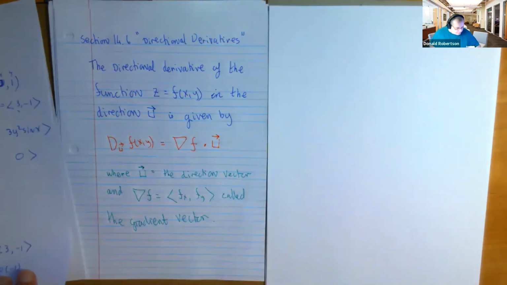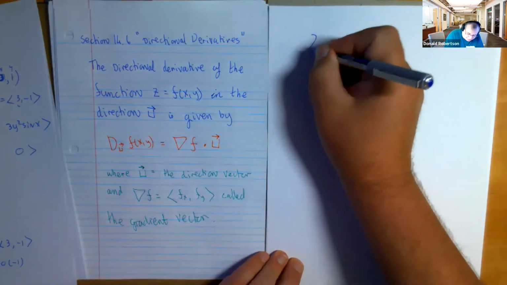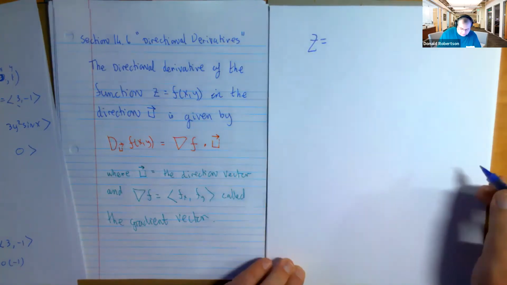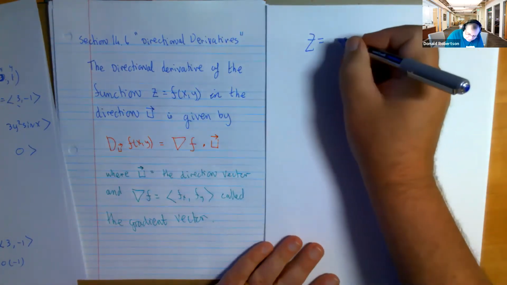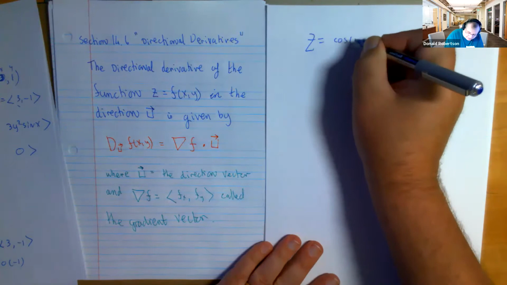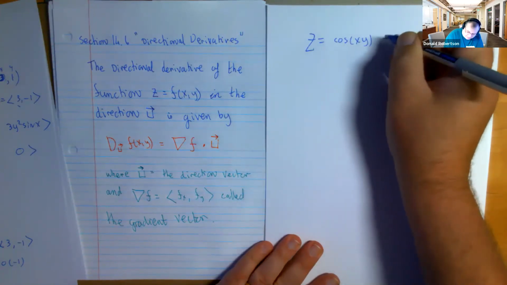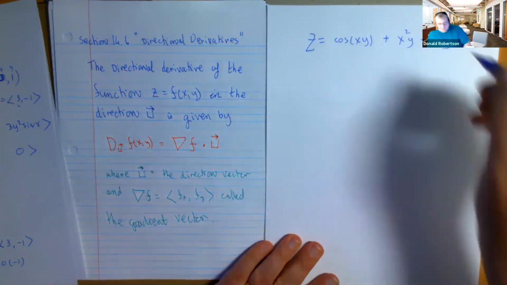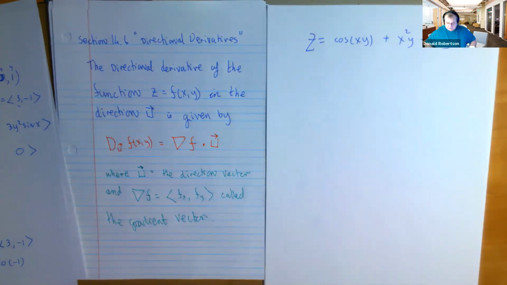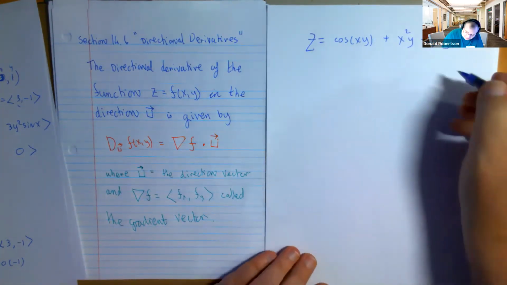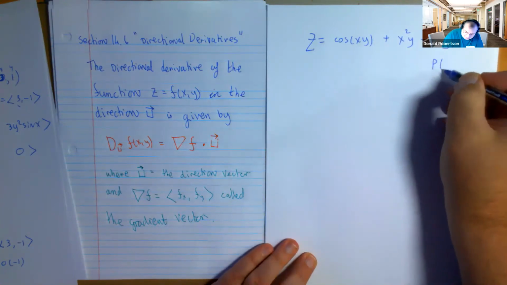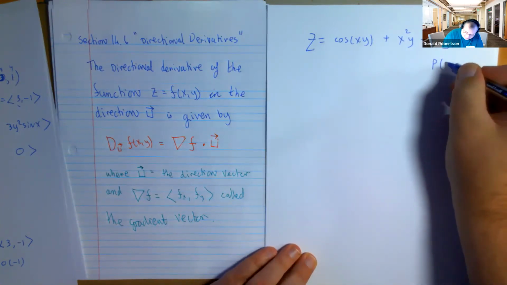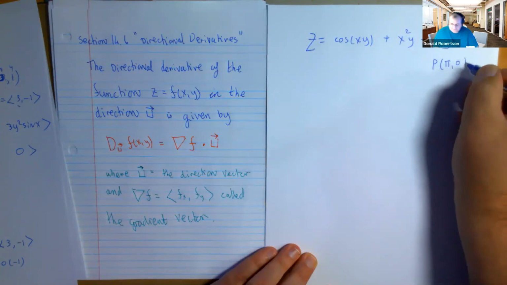Good. So, second kind of question. Let's suppose we do z is equal to cosine of xy plus x squared y plus 3y. And we are interested in the point (pi, 0).